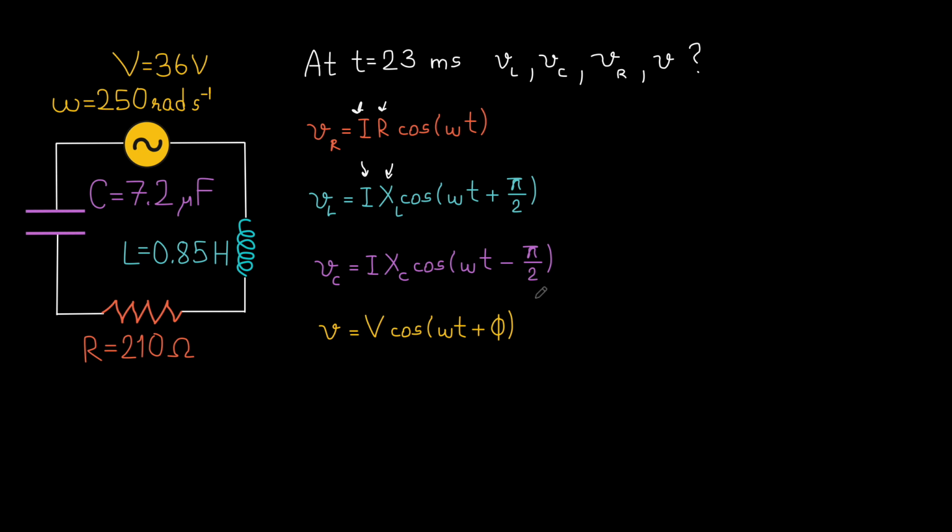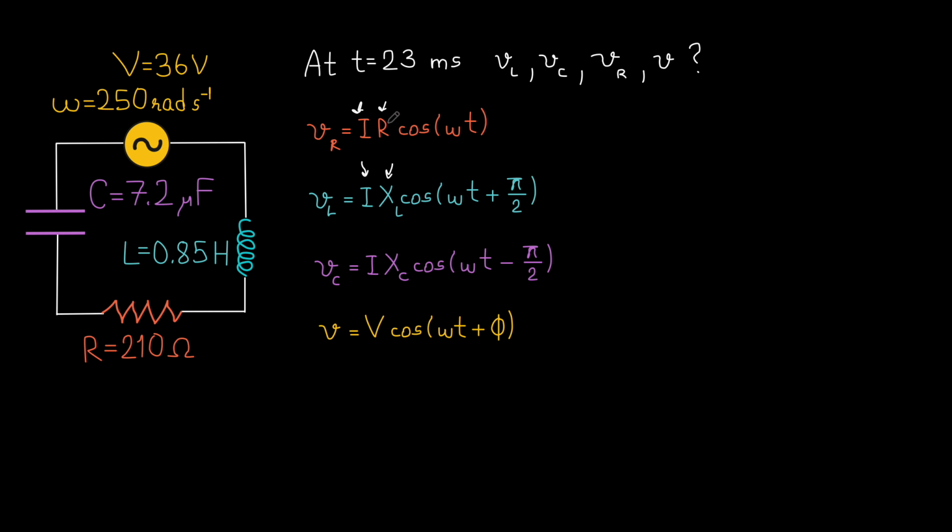So in the argument for cosine, we have omega t minus pi over 2, and we multiply that by the voltage amplitude for the capacitor, which is equal to the current amplitude times the capacitive reactance x sub C. So we're going to have to calculate the current amplitude, the inductive reactance, and the capacitive reactance.